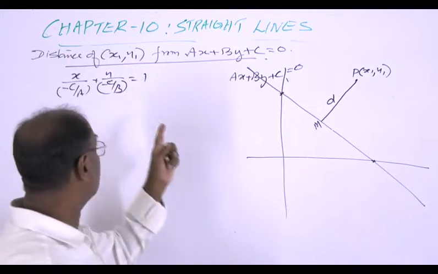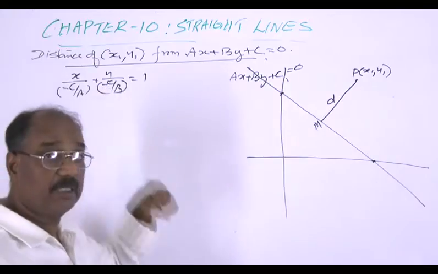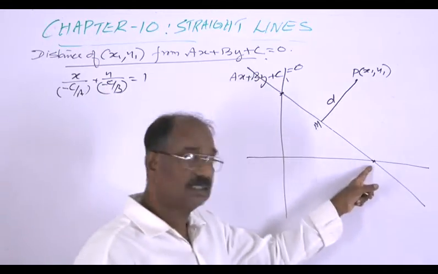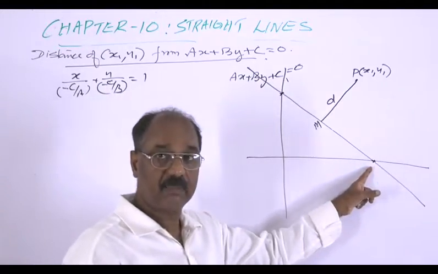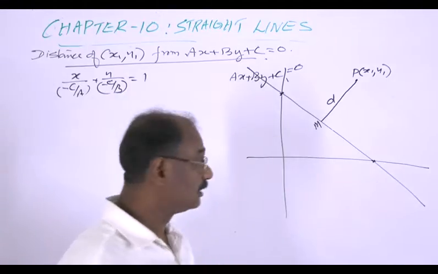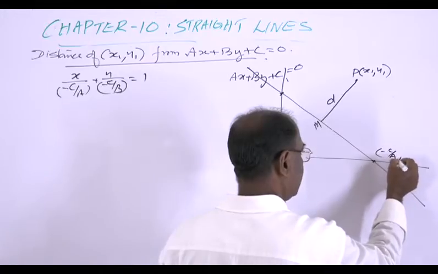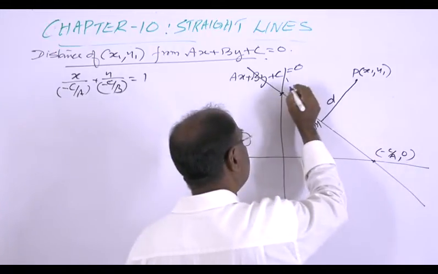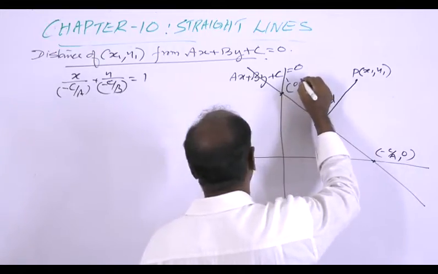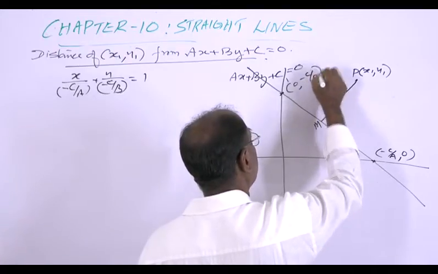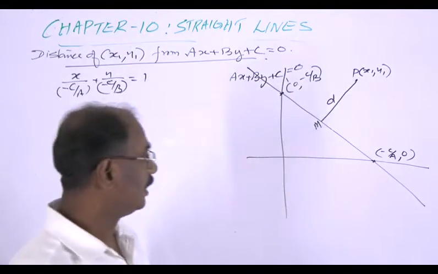Therefore, the intercepts are minus c by a and minus c by b. So this point is minus c by a, 0, and this point is 0, minus c by b.